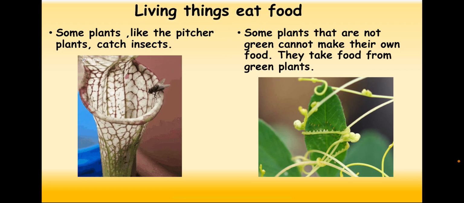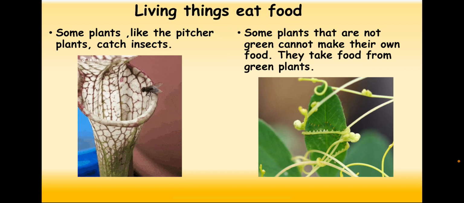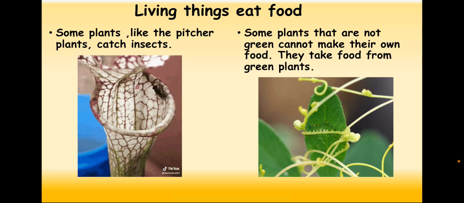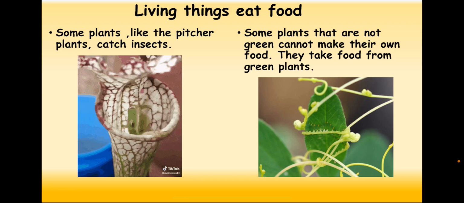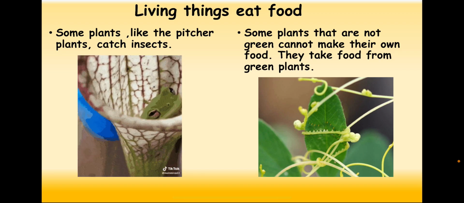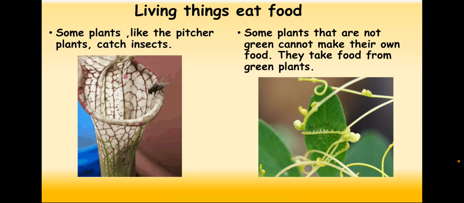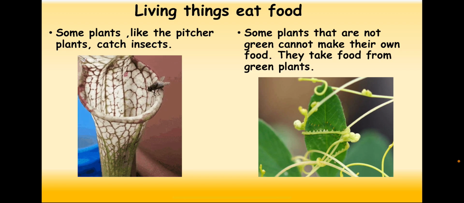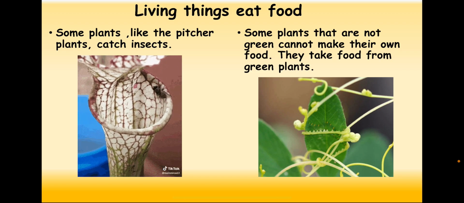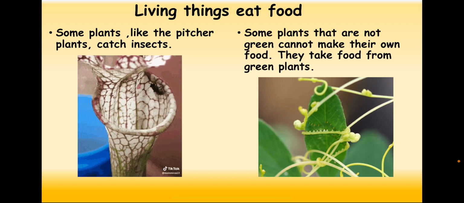But some plants, like the pitcher plant, catch insects. Now you can see in this slide how this plant eats the insect. So mostly plants make their own food, but some plants like the pitcher plant eat insects. On the other side, you can see some plants that are not green and cannot make their own food.